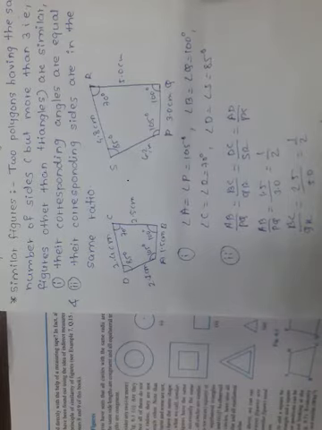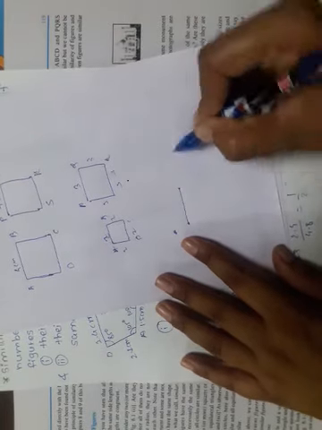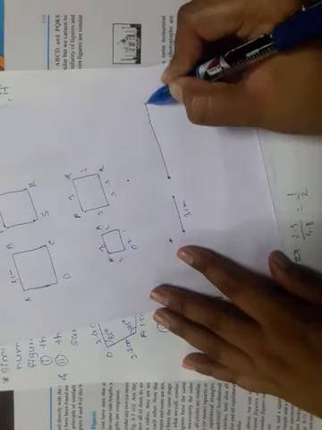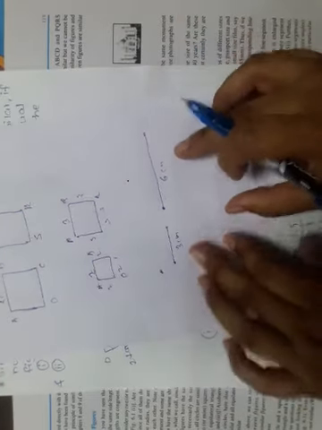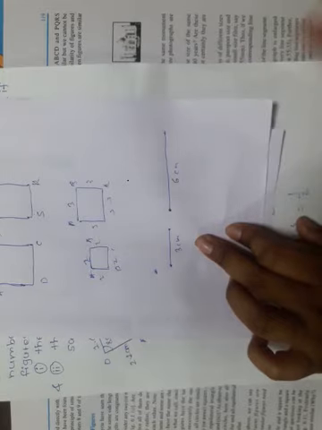So come to our next exercise 6.1. See, this line segment is of measure 3 centimeter, and this line segment is of measure 6 centimeter. These two figures are similar because they have the same shape but they do not have the same size.